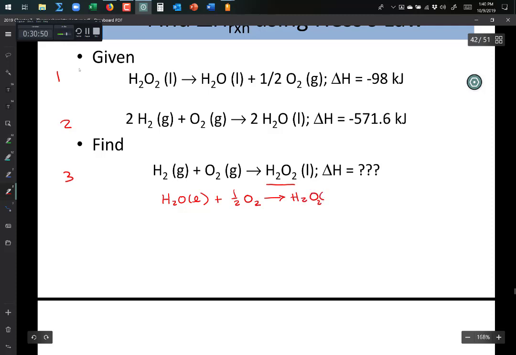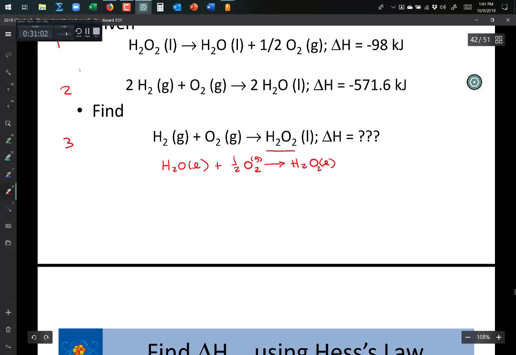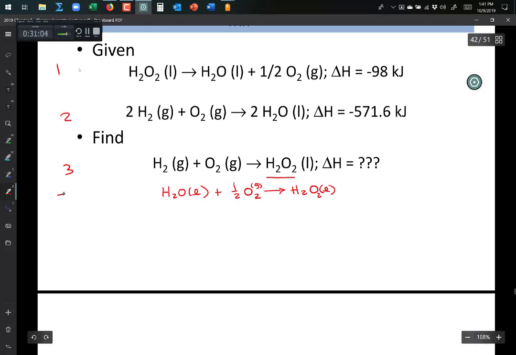Oh, I'm sorry, I left the state out for oxygen, but that's gas. H2O2 liquid. So that's -1. I took equation 1 and I flipped it around, right?